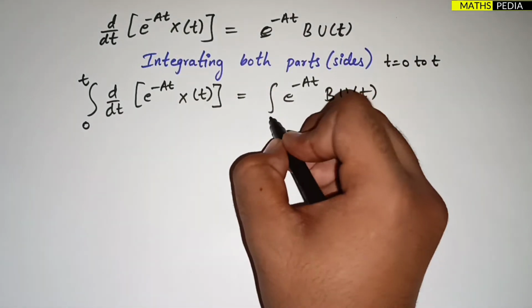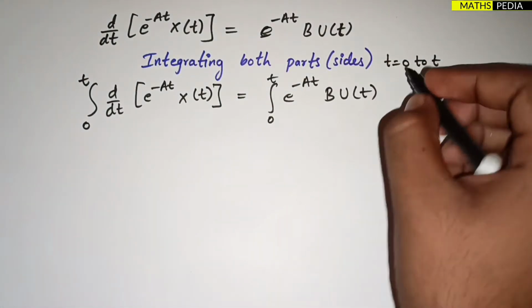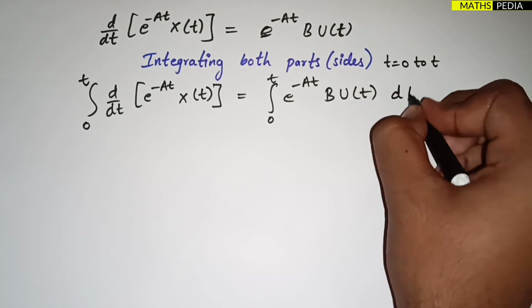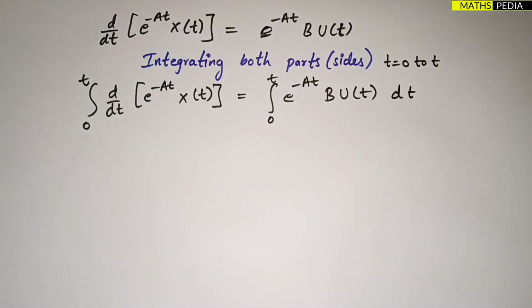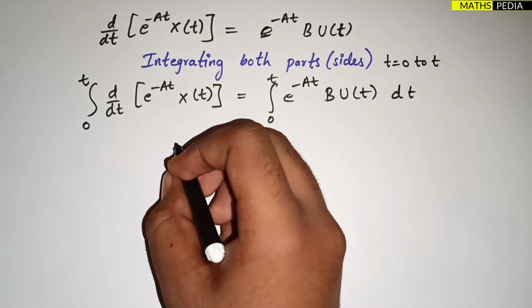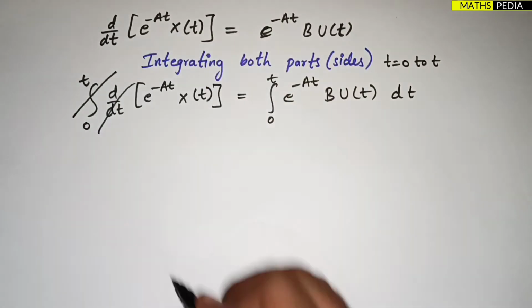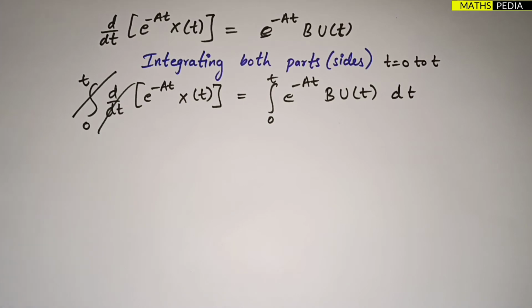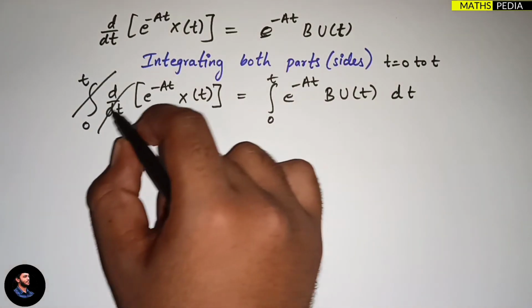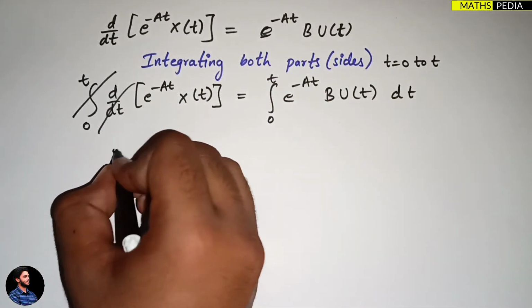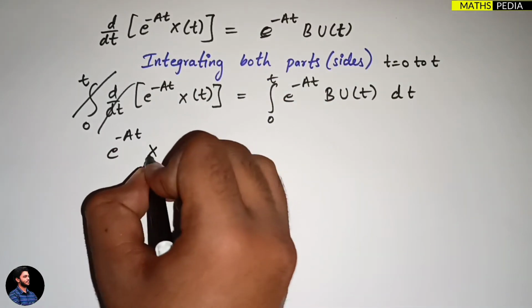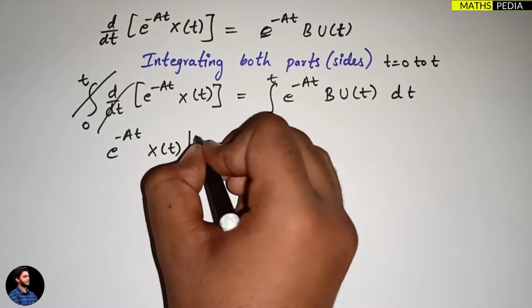Then dt will come, correct. Next important thing to understand is that the differentiation and integral get cancelled. This thing you have to remember. So when they get cancelled, these limits will come here, that means e power minus At x of t with limits 0 to t.